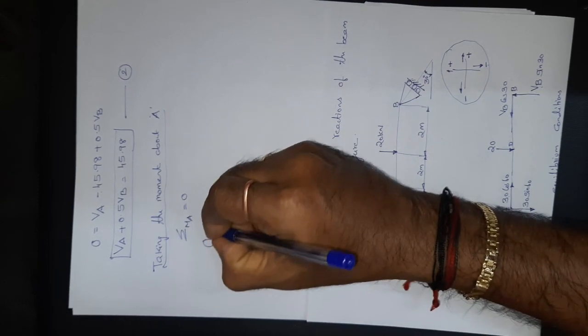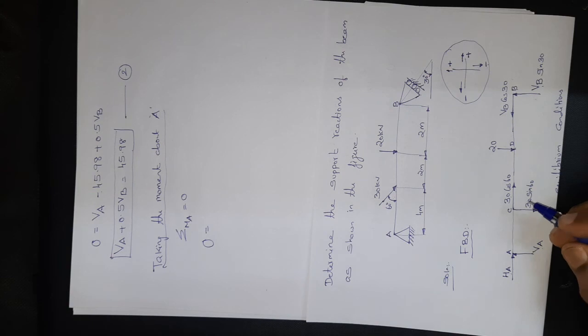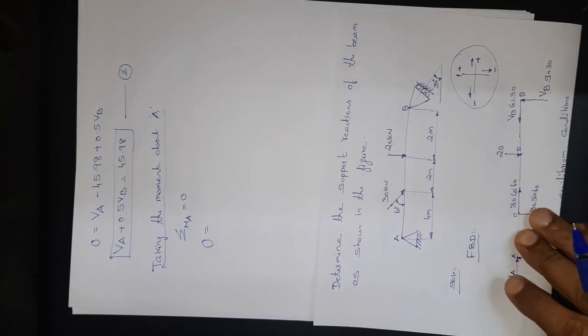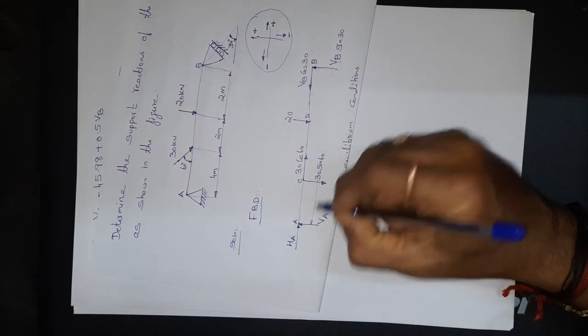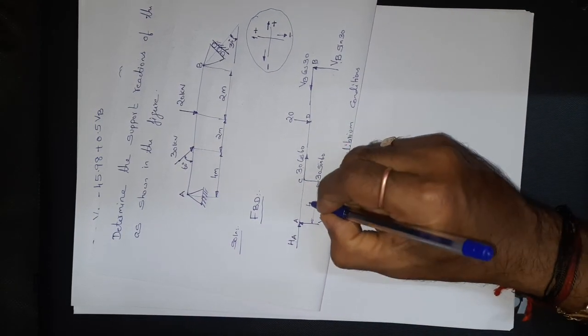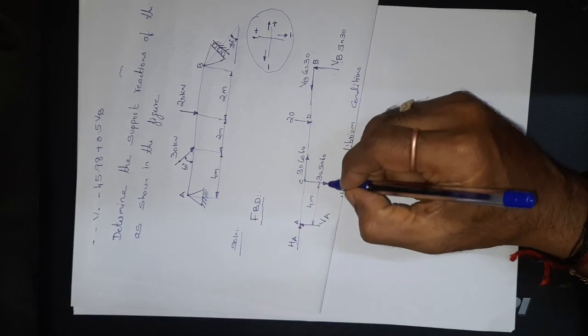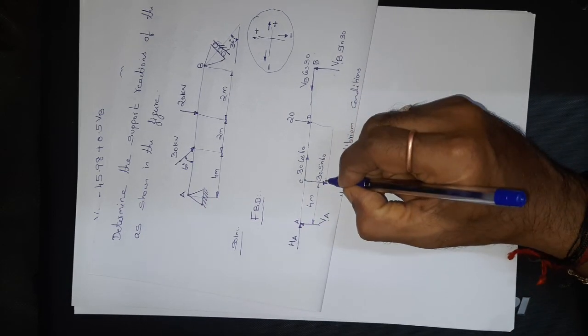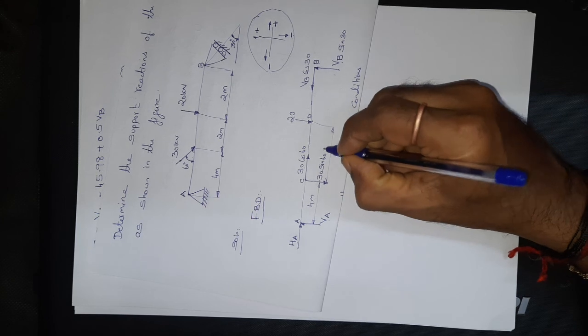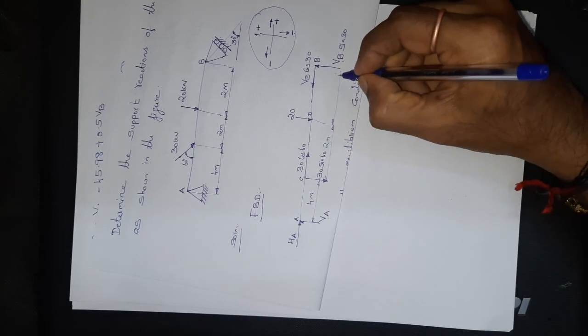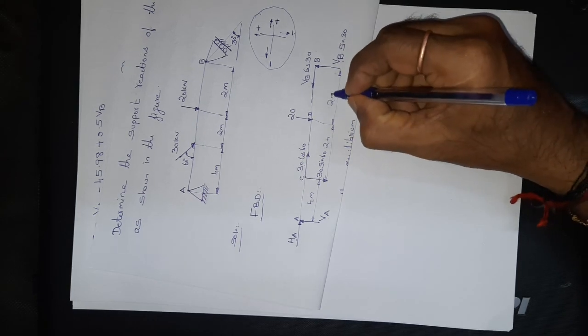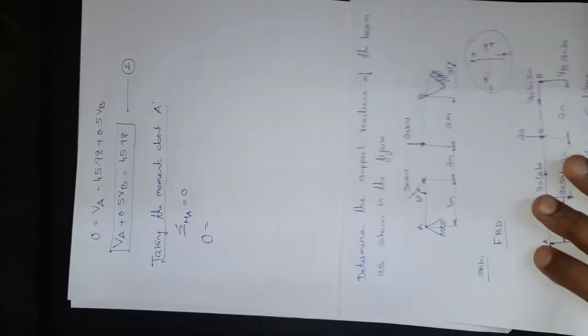So 0 equal to, let me just move to point C, wherein a force, sorry, before that I forgot to mention the distance, isn't it? So let me just mark the distance here, that is 4 meter, and between C and D it is 2 meter, and between D and B it is 2 meter, right?